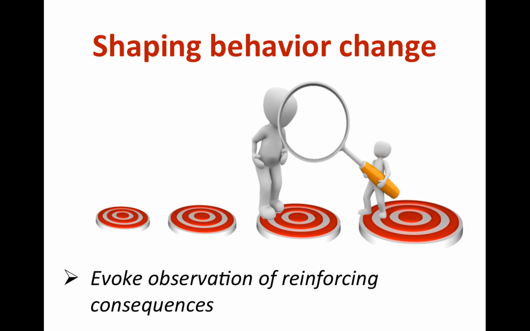The first thing we can do to reinforce progress is help clients be more in touch with the reinforcing consequences of their effective actions by evoking observation. This can be done by using similar techniques as what we saw in assessment and increasing functional contextual awareness, but with a specific focus on reinforcing consequences. We can use conditional framing to directly draw the client's attention to the advantageous consequence of an action, for example by saying, "So, did you notice some improvement in your relationship when you listen more to your partner?"